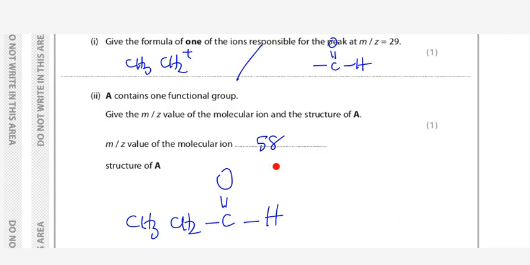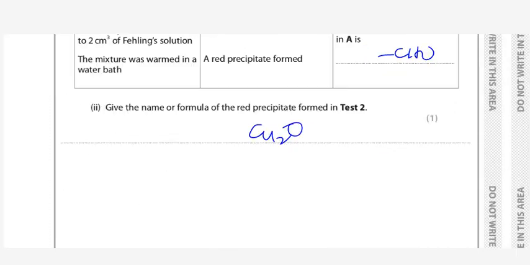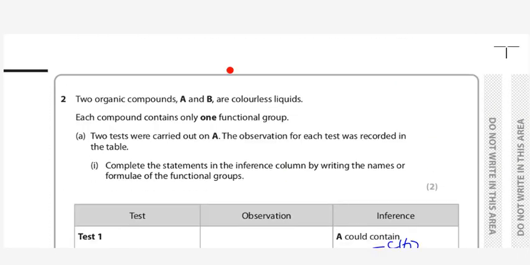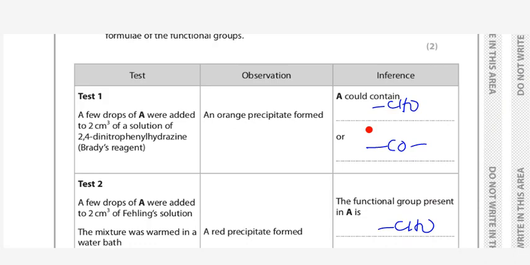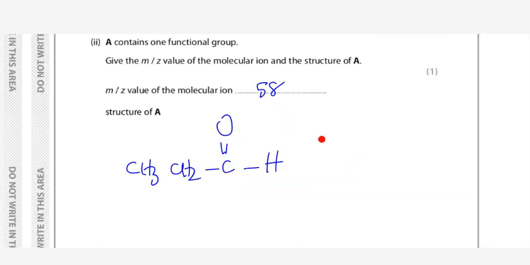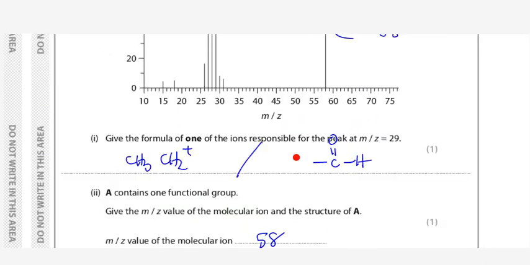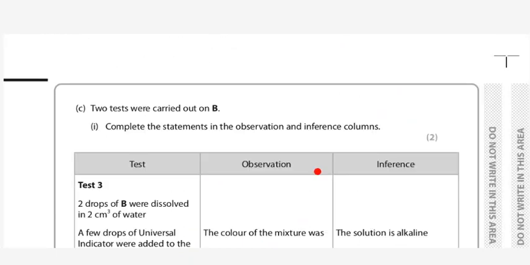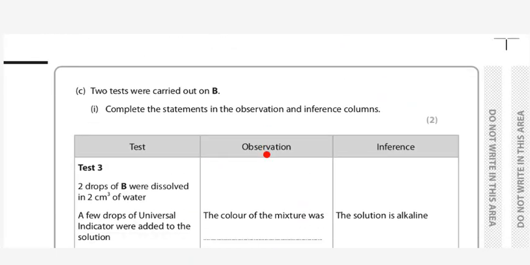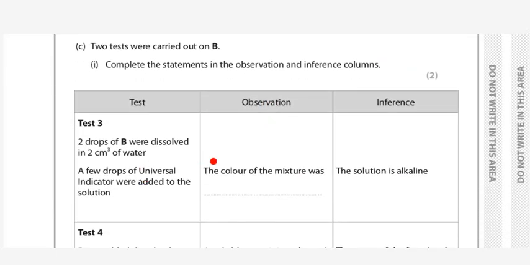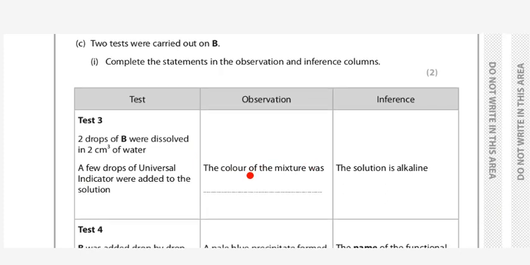Because, see, at the beginning it says what? Colourless liquids, one functional group. A is an aldehyde, and this is all about A. And B is alkaline.